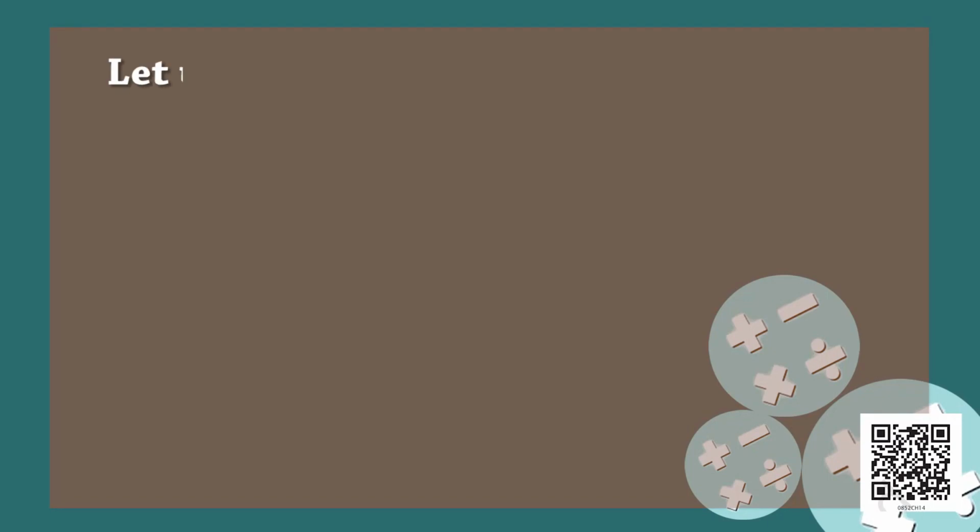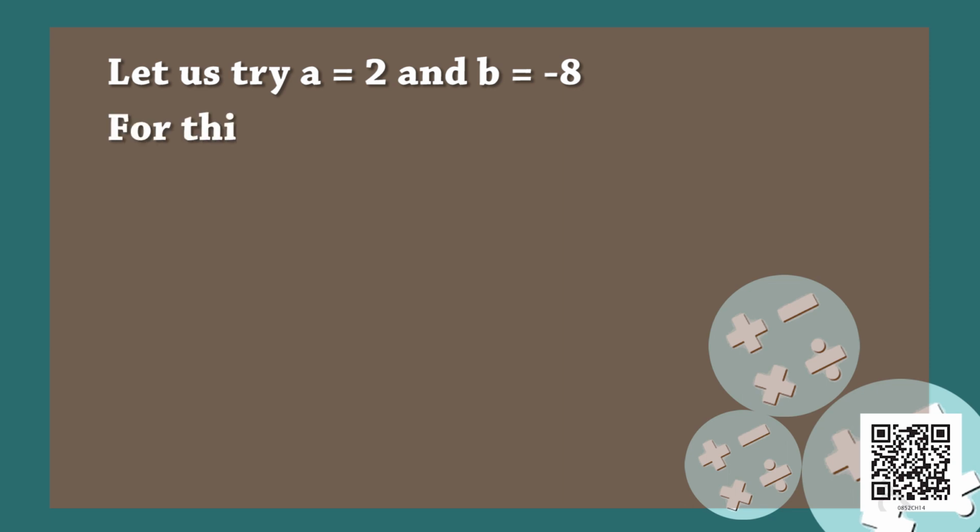So, let us try a is equal to 2 and b is equal to minus 8. For this a into b is equal to minus 16, but a plus b is equal to 2 plus minus 8, that is minus 6, which is again not equal to plus 6.